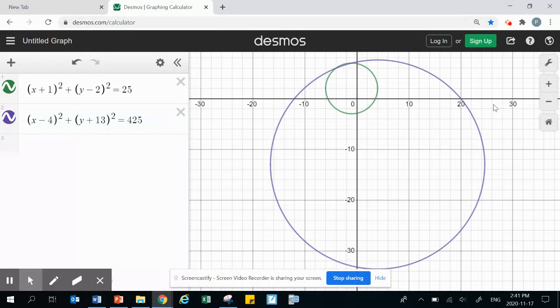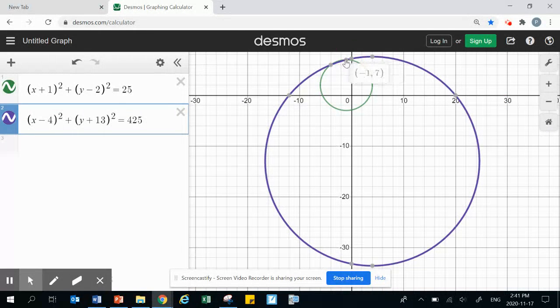All right, so guys, if we zoom out over here, we can see that we're going to get an intersection point here at (−1, 7) and another one here at (−4, 6). So these are the two intersection points that we're having here.